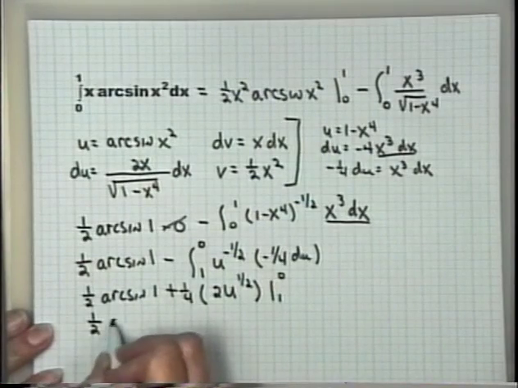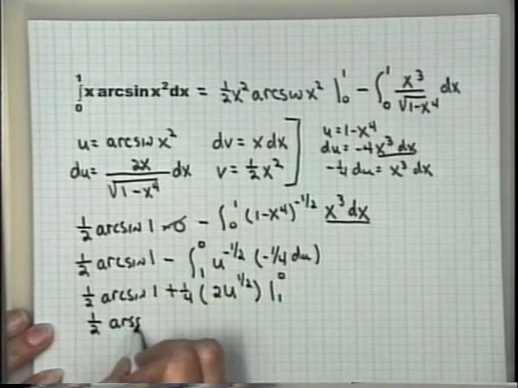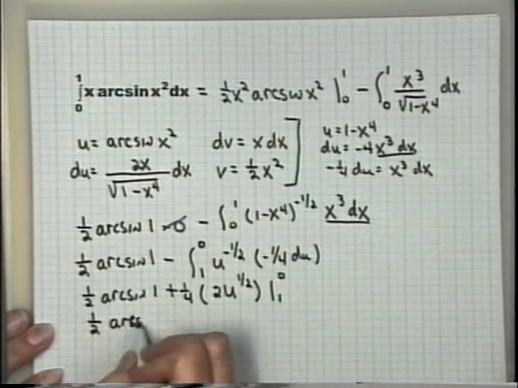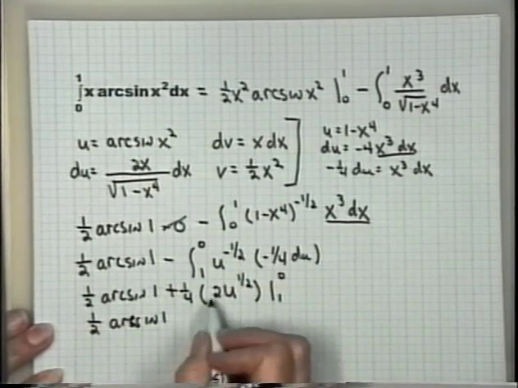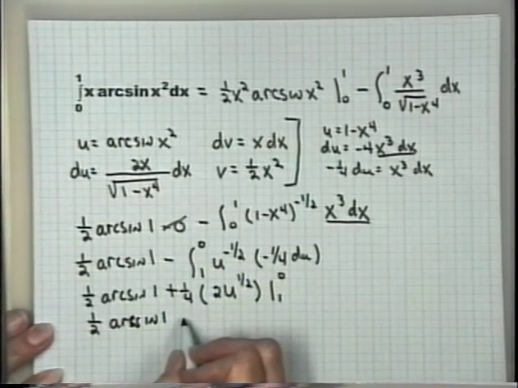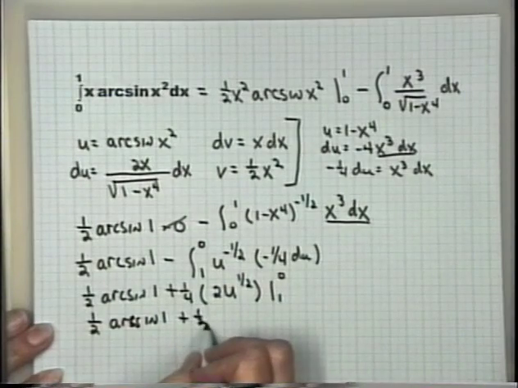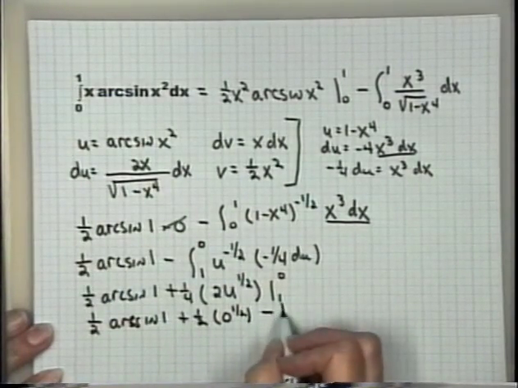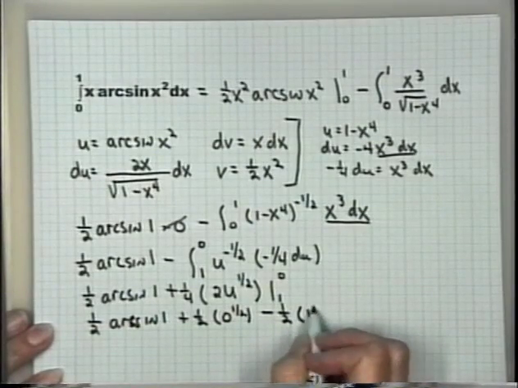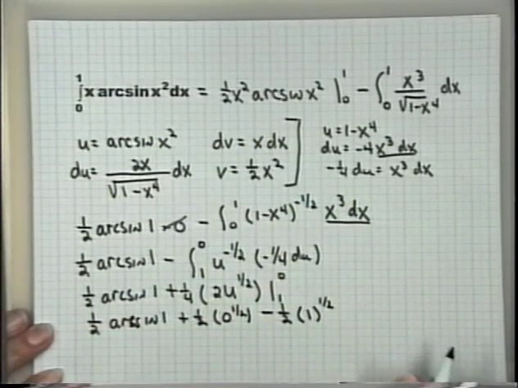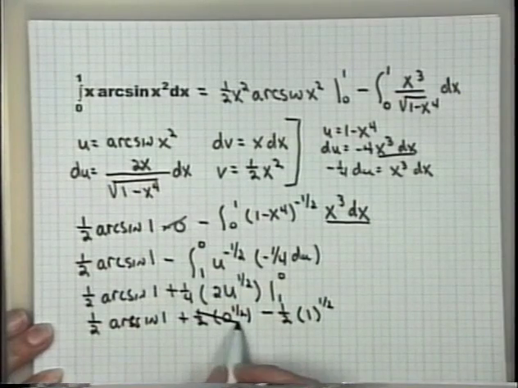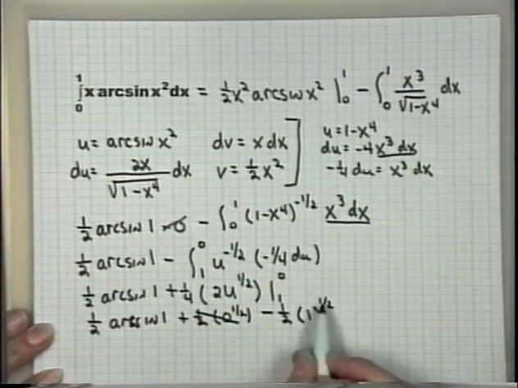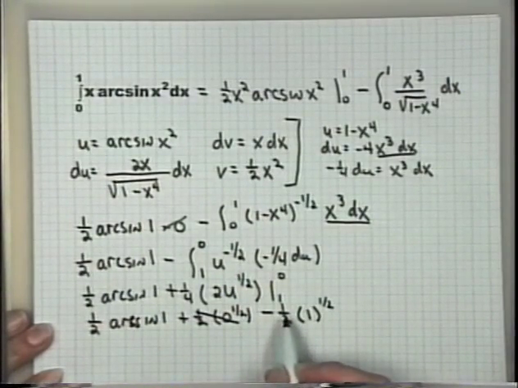I have 1/2 arc sine 1. 1/4 times 2 would be a 1/2, so plus 1/2 times 0 to the 1/2, and then subtract 1/2 times 1 to the 1/2 power. Of course, this is going to 0 out, and 1 to the 1/2 is a 1, so this is just going to be a minus 1/2.